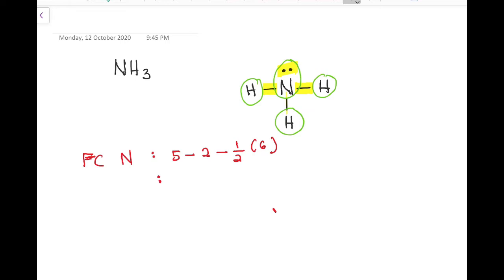In total we will have 0. When an atom has a 0 formal charge, it means that it is stable.